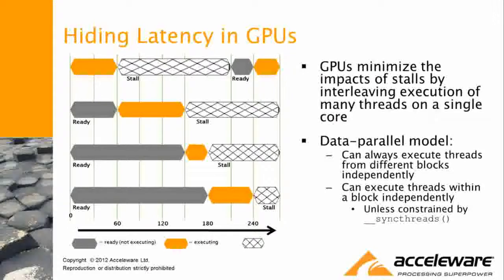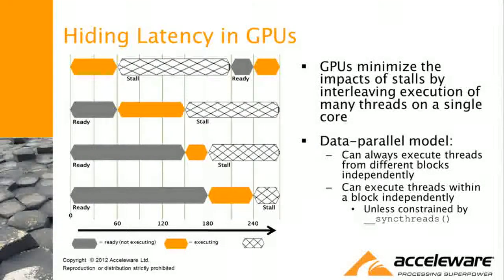So what do we do to hide the latency in the GPUs? We try to execute many threads on a given core. What I'm trying to say by that is if you can fill the GPU with a bunch of work or a bunch of different threads, presumably while one is stalled, another one can be inserted into the processor and actually execute without any stalls.